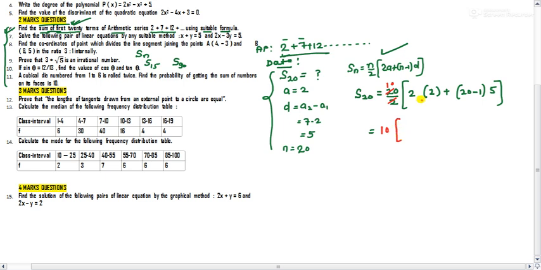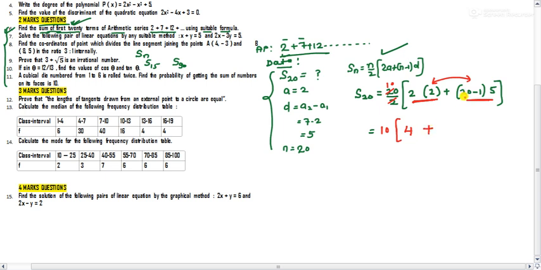But here I have seen some students, what they will do, they will just add this. They will write 2 plus 19. That is wrong. First do this multiplication. 2 into 2, it is 4.